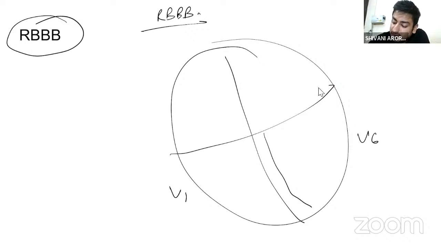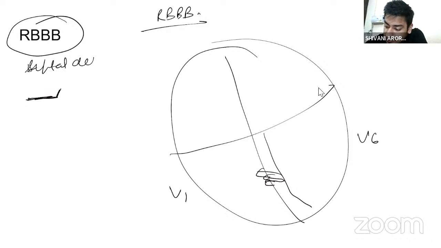So in lead V1, first of all, we have this first positive deflection due to septal depolarization. Then we have depolarization of left ventricular muscle. We have this negative deflection here.